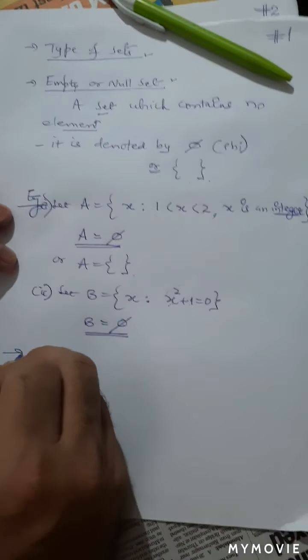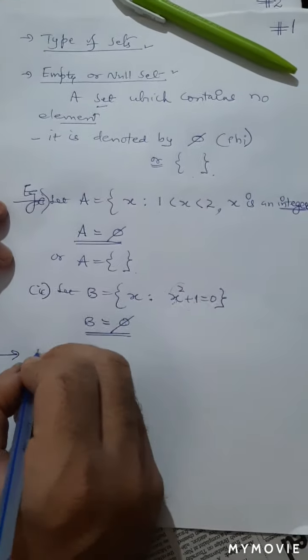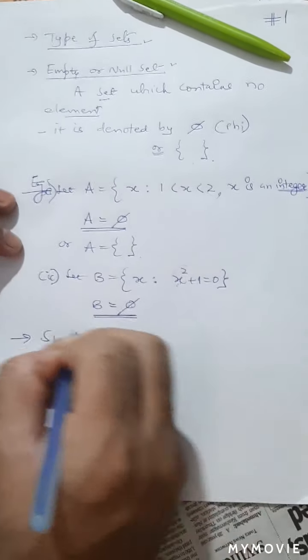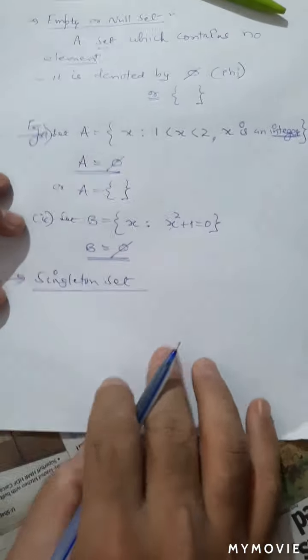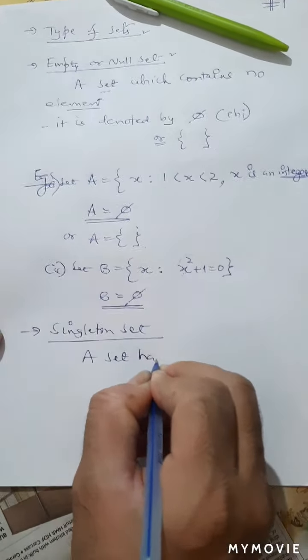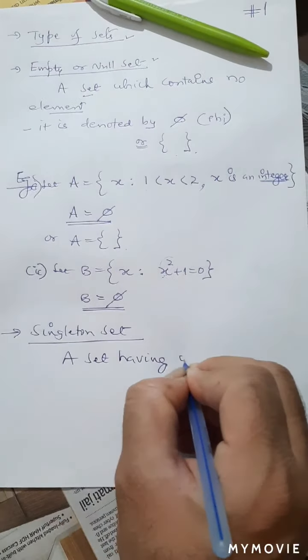Now the next type is the Singleton set. That is a set having one element.